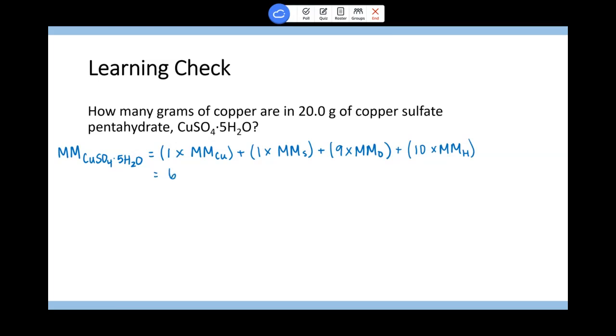So this is 1 times the molar mass of copper is 63.456 grams per mole. 1 times the molar mass of sulfur is 32.06 grams per mole. 9 times the molar mass of oxygen is 143.99.